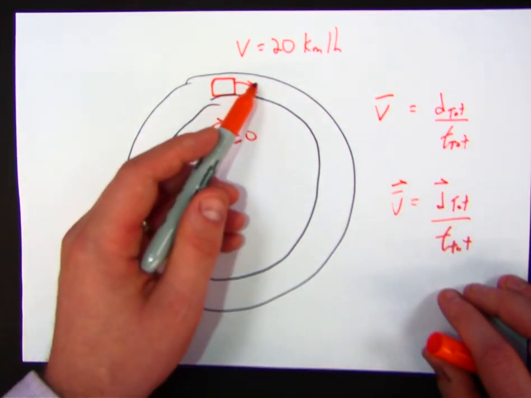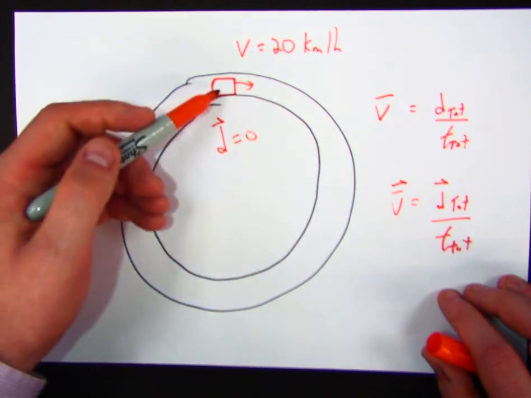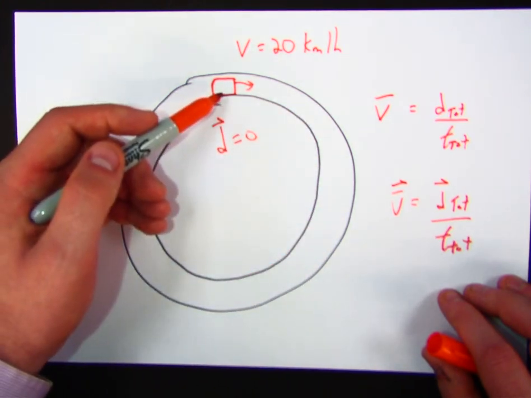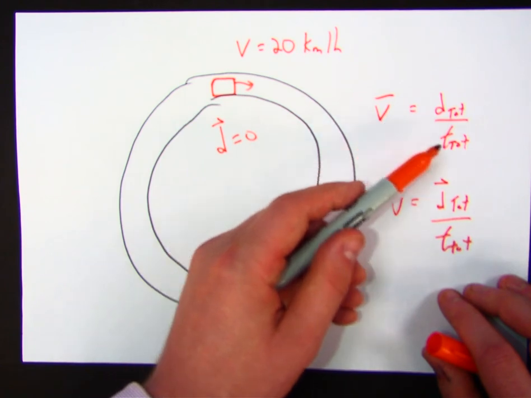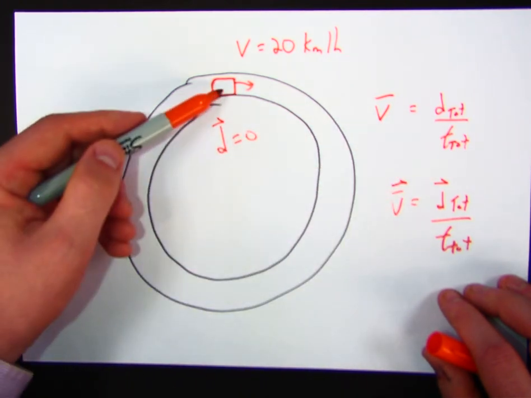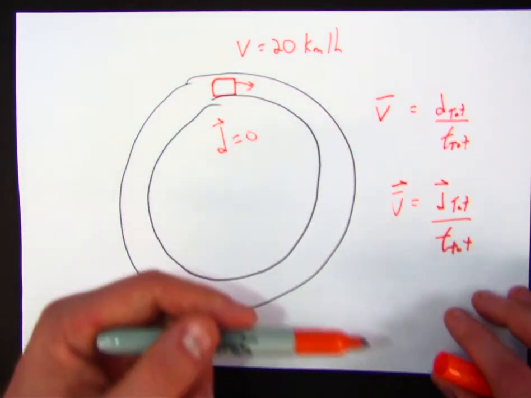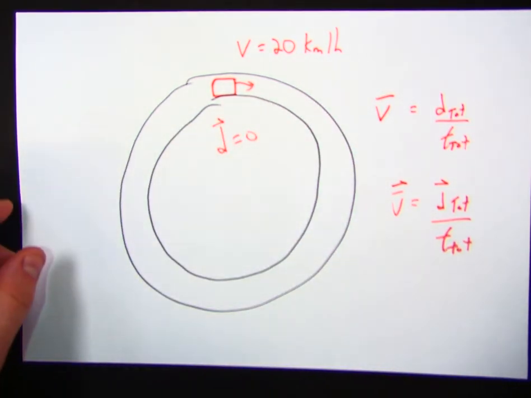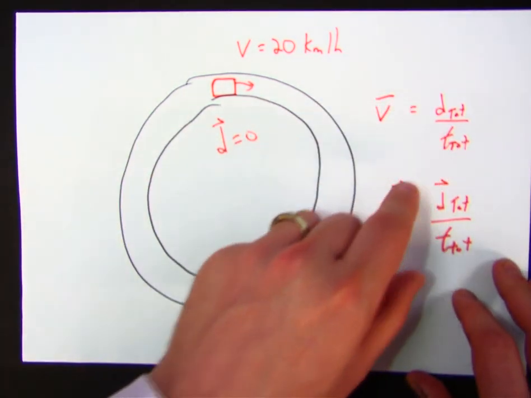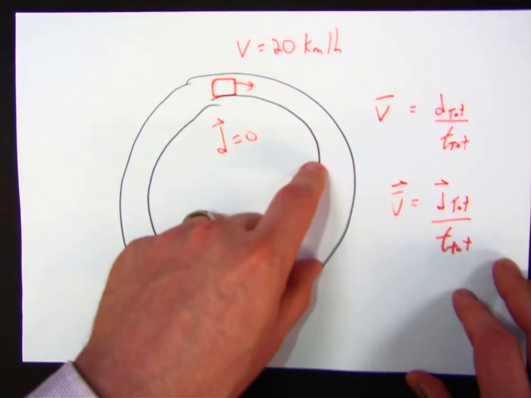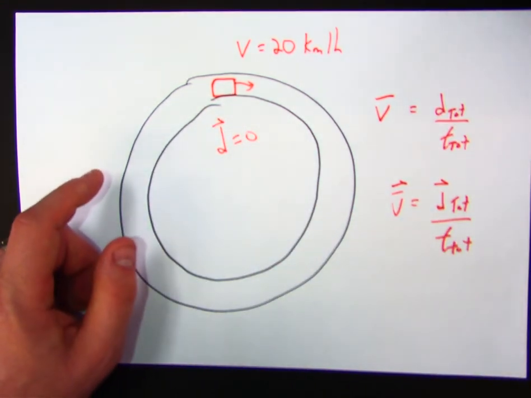However, even though it has a 0 average velocity, it still has a numerical answer for the average speed, because the distance traveled is not 0. It's the circumference of the circle. So there are differences between speed and velocity. Besides just a notation, it is a fundamental difference, and one is a vector and one is not.